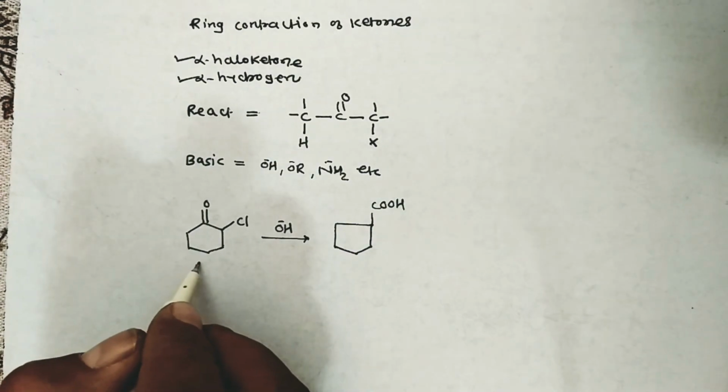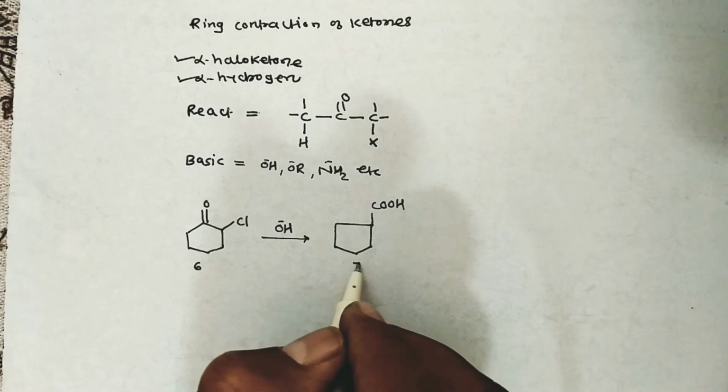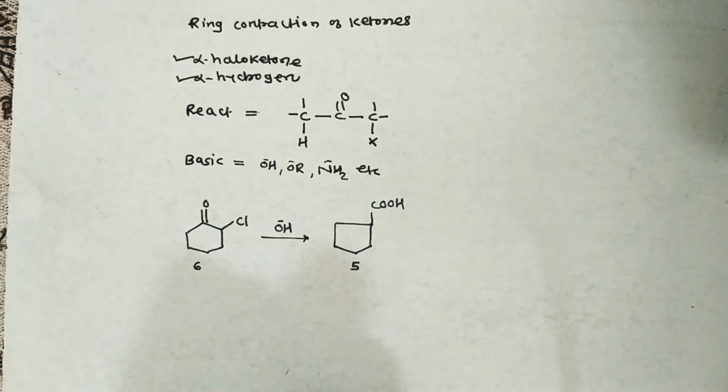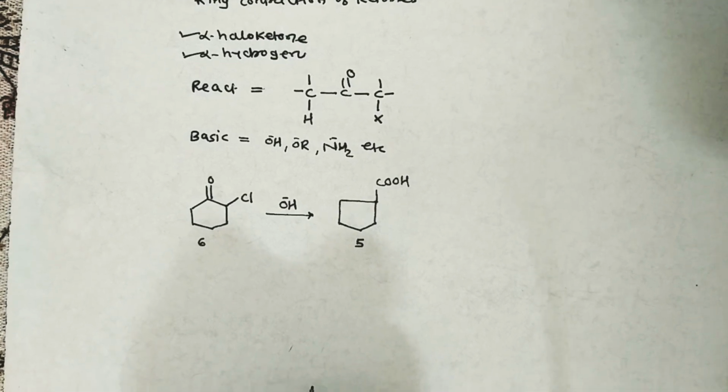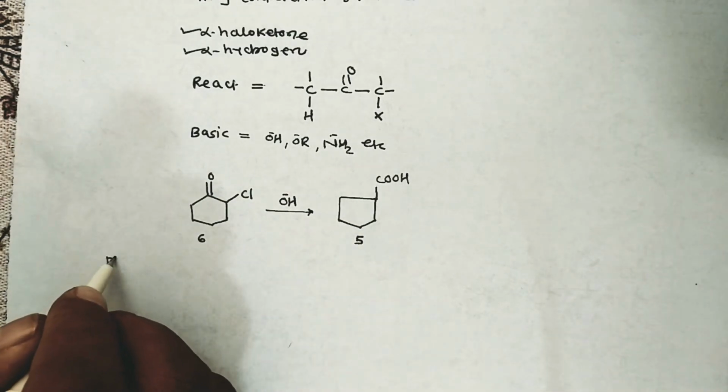Now this is a 6-member ring. After the reaction we will get a 5-member ring. Therefore this reaction is a ring contraction reaction. So let us see the mechanism of this reaction.